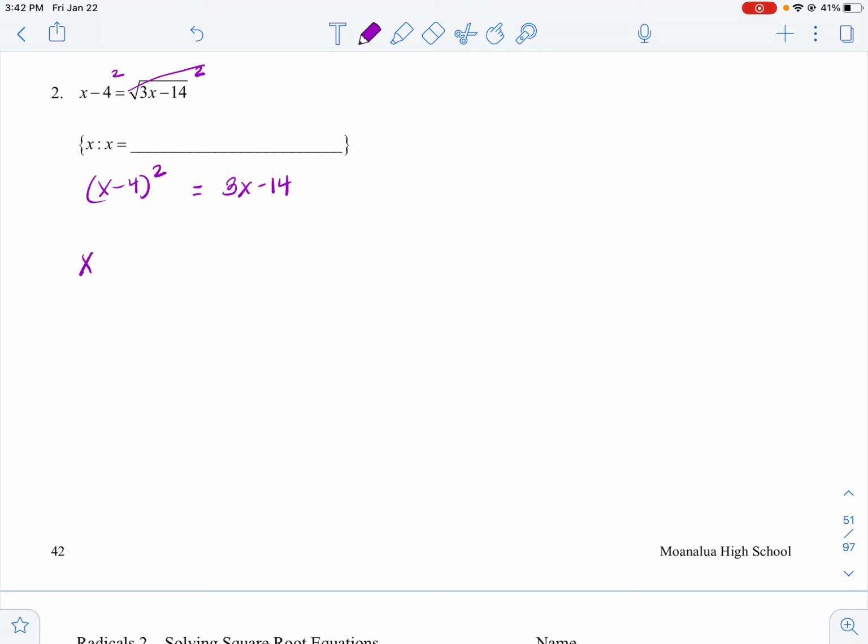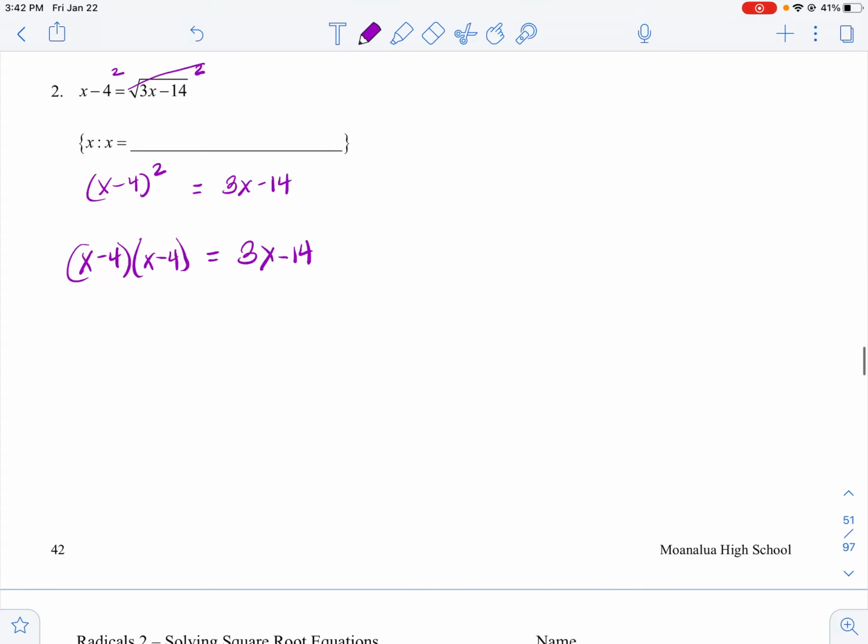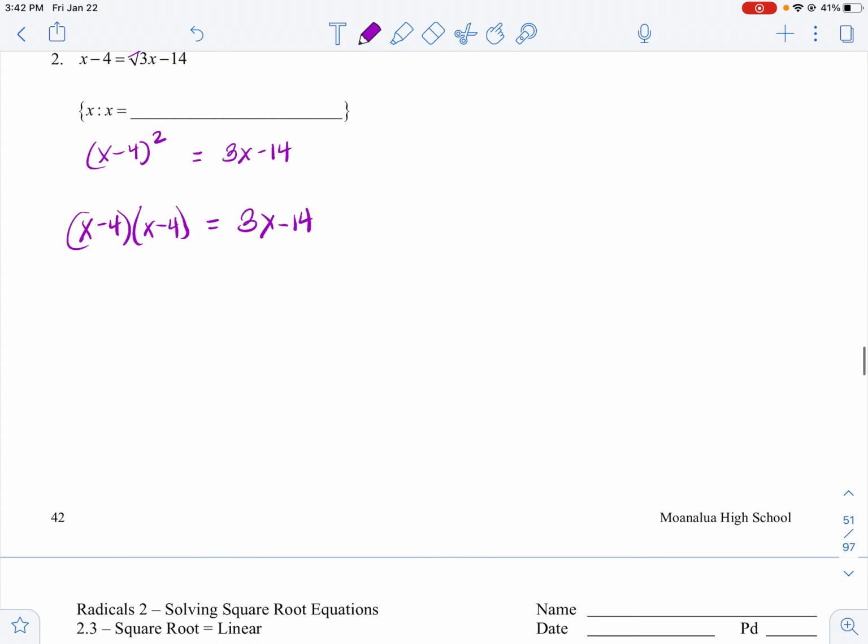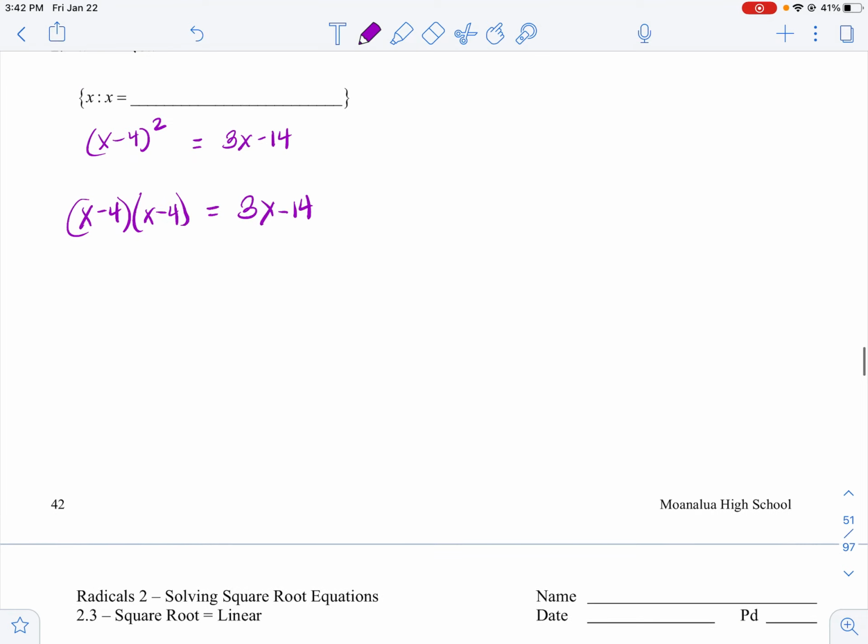We have x minus 4 times x minus 4 equals 3x minus 14. So I'm just going to FOIL or rainbow or distribute, however you call it. So we'll distribute x minus 4 to x minus 4. So that's x squared minus 4x minus 4x, and negative 4 times negative 4 is plus 16, equals 3x minus 14.